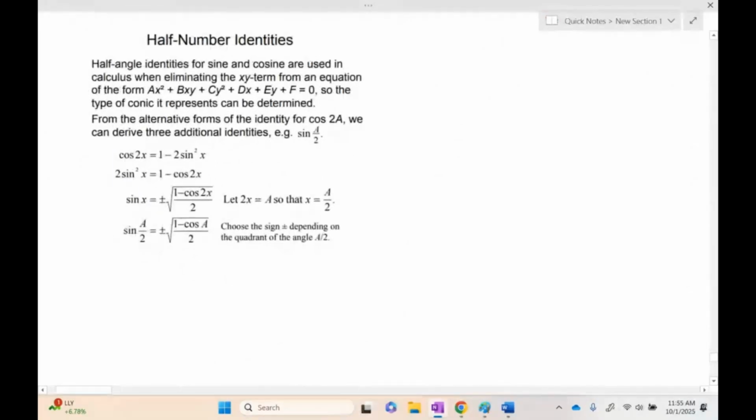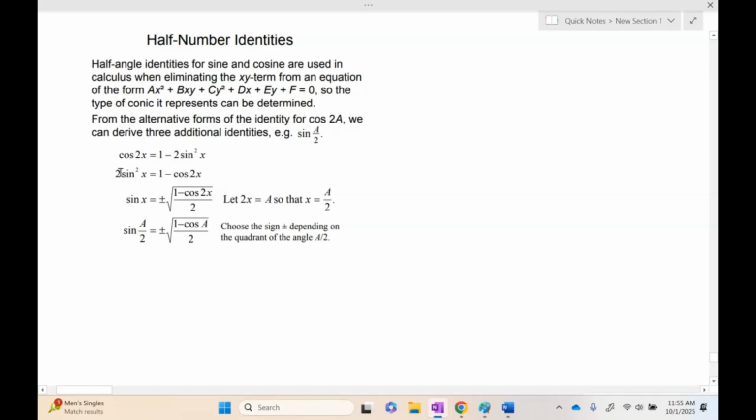Now these can get kind of sticky a little bit. All right, so here again, this is not a proof course or anything, but this is just how the formula is derived. So the half number identities, they come from the double number identities. So what's going on here is, first of all, they took the double angle for cosine and they subtracted 1 from both sides.